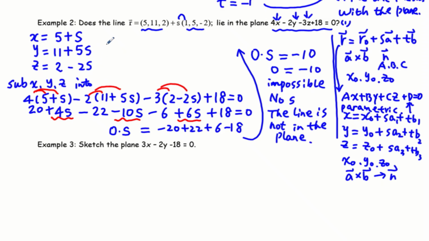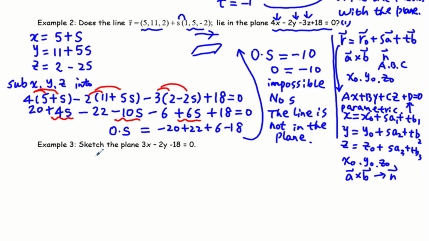The line intersects with the plane at one point. And if this s doesn't exist, it means it's parallel with the plane. So it's not in the plane, but it's parallel with the plane. So no point of intersection.